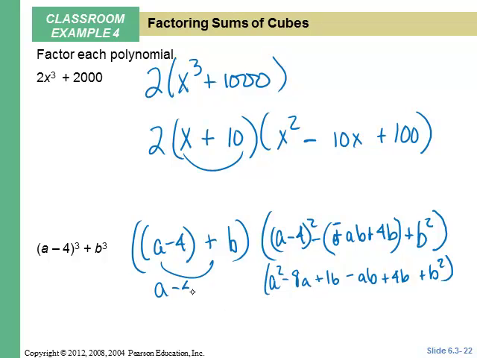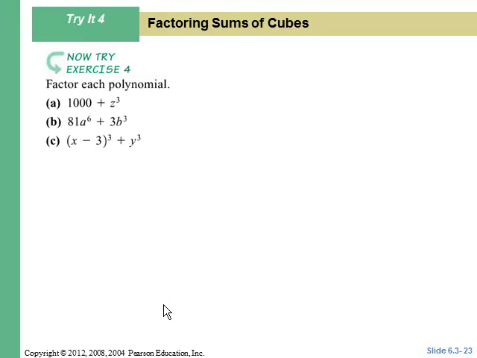A minus 4 plus b. There you go. Okay. Cube root of the first term, copy the sign, cube root of the second term. Square the first term, square the last term. First term times the last term, exactly one negative sign.